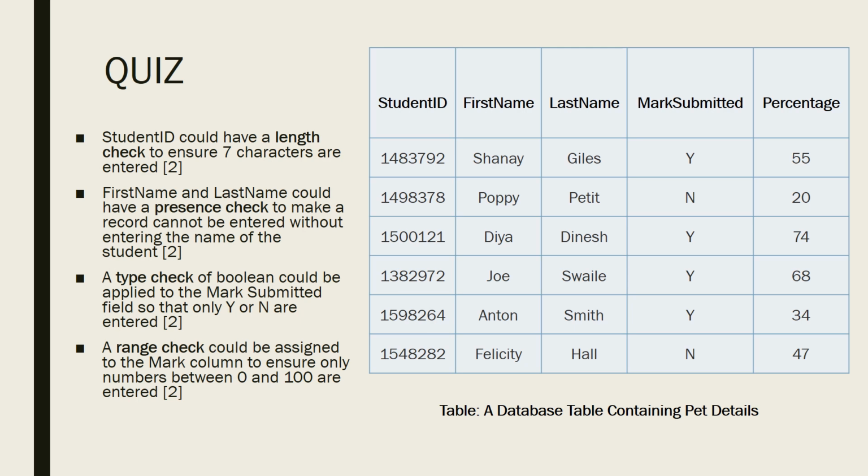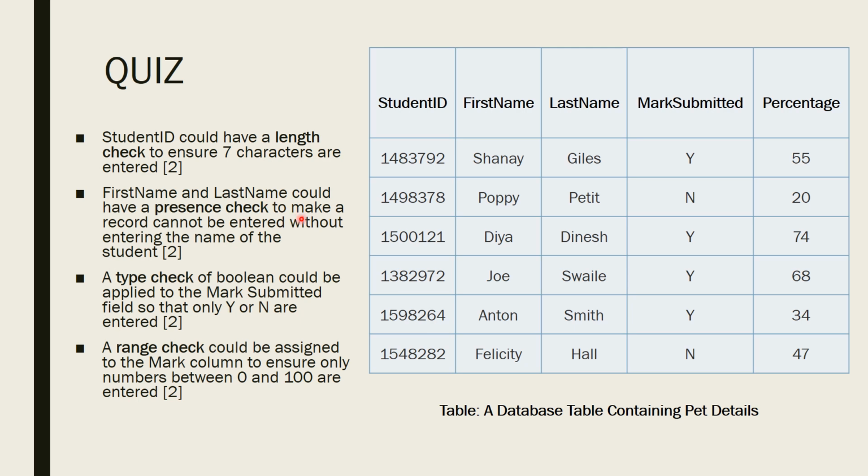For an example, I have just given some scenarios for you: type check, presence check, length check, and range check, according to the different fields. For student ID, we can specify the length check to make sure that 7 characters are entered. For first name and last name, we can apply the presence check, but it's not mandatory that you apply just a presence check.